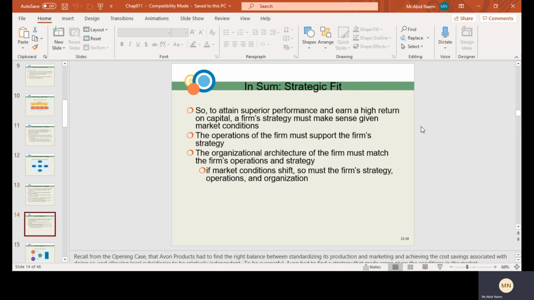Tactical operations and strategic operations should align with the firm's strategy. Then they are going to complement one another, otherwise it will be a deviation from the strategy. The organizational architecture of the firm must match the firm's operations and strategy. If the market conditions shift, so must the firm's strategy, operations, and organization as well.